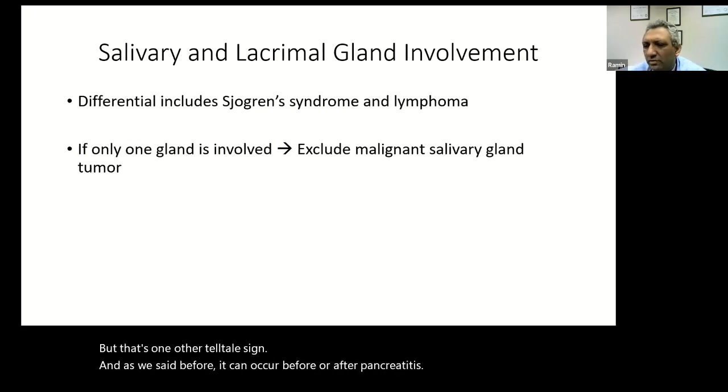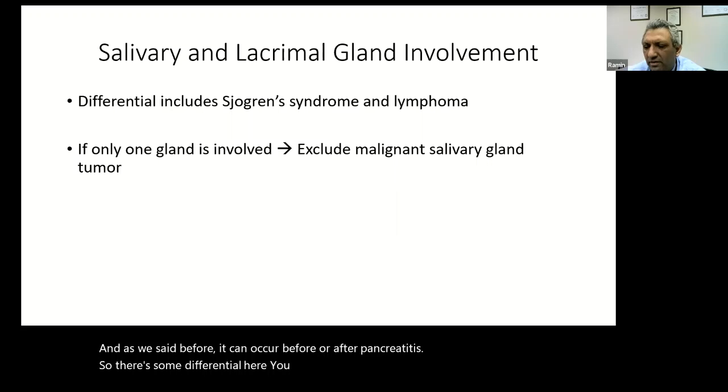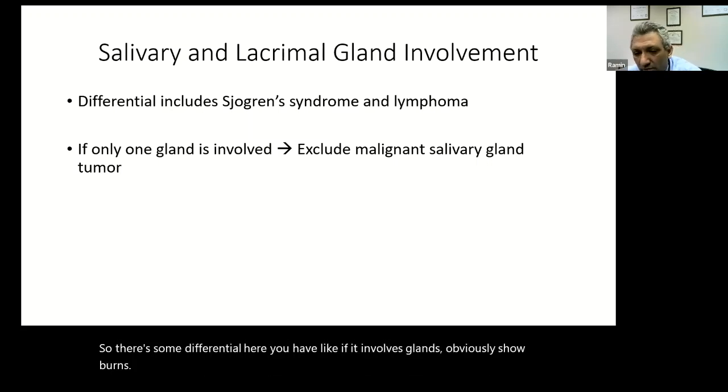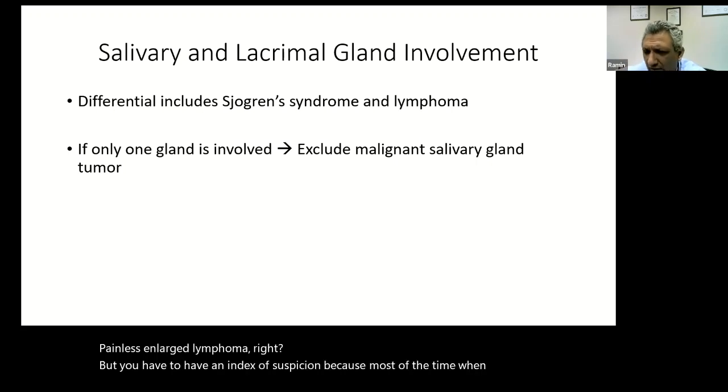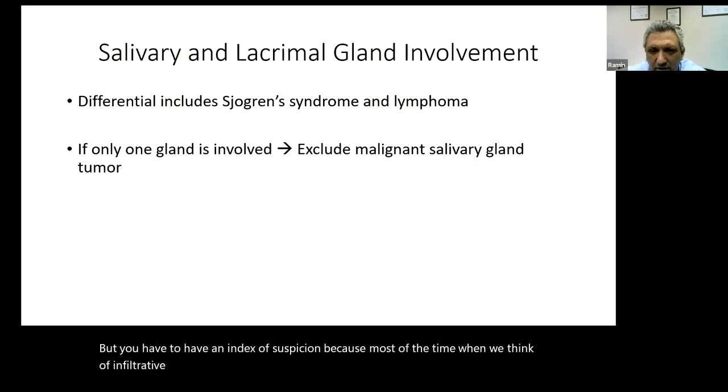So there's some differential here. If it involves glands, obviously Sjogren's, painless enlarged lymphoma, right? But you have to have an index of suspicion, because most of the time when we think of an infiltrative, inflammatory type of lesion, you're dealing with pain.